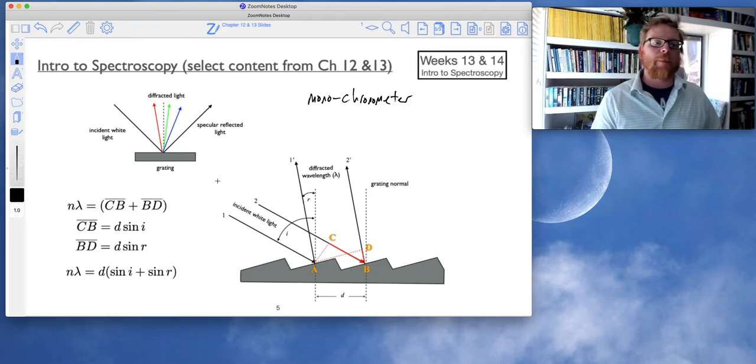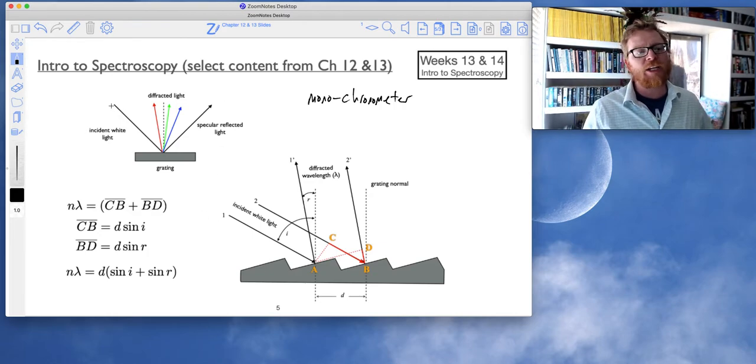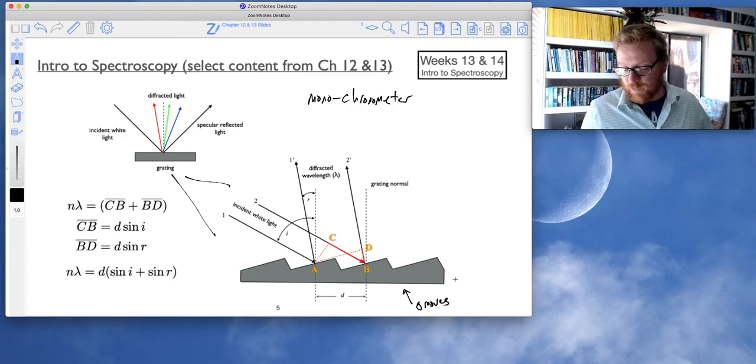So if we go back to the basics, if we shine light on a surface, of course, we will get the specularly reflected light, right? Where the angle of incidence matches the angle of reflection. However, if we put some grooves on this surface, so zooming into this grating right here, they're actually not a smooth surface, but rather they have very regular grooves, okay?